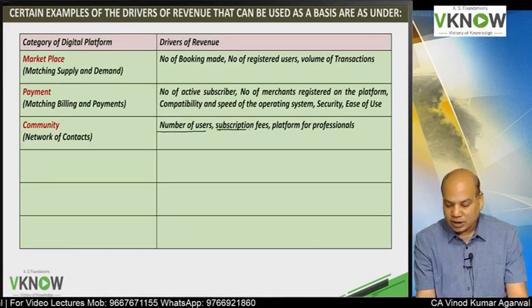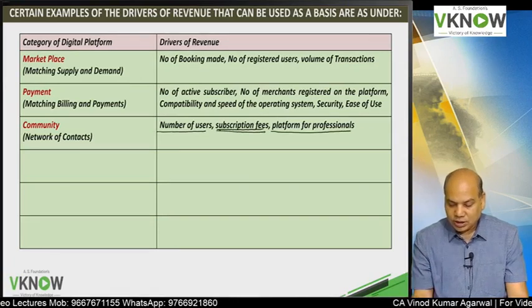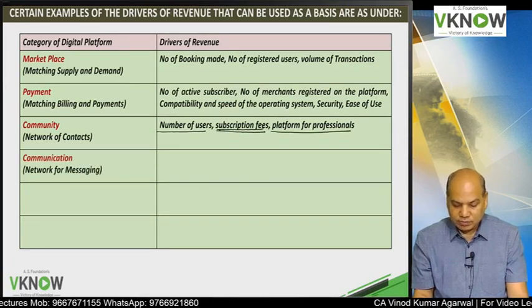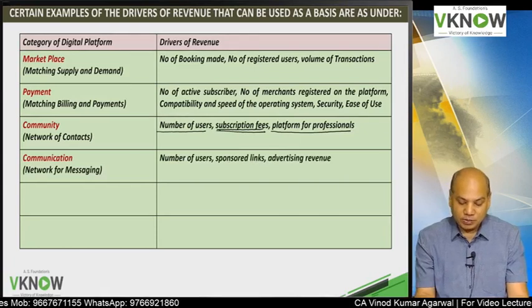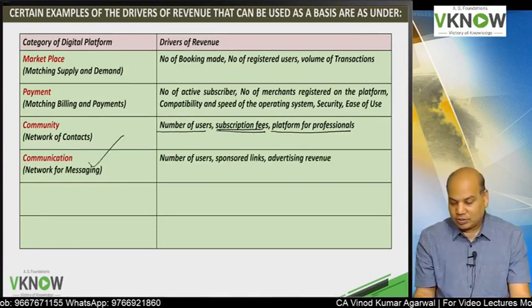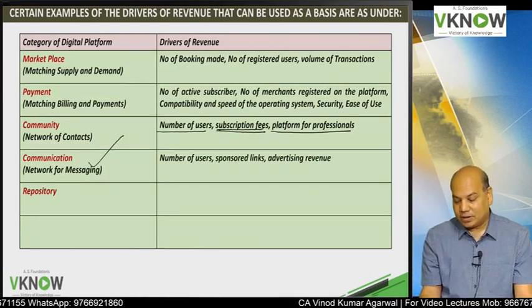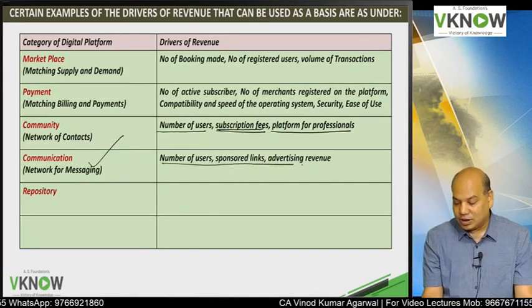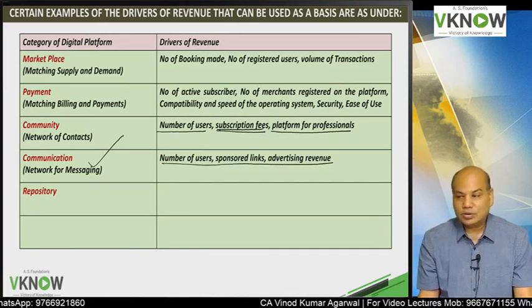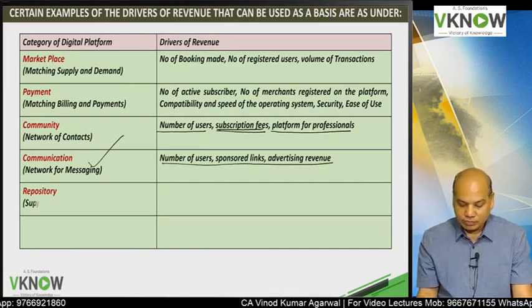Some of them may charge subscription fees also. Then there are platforms for professionals. Then communication, very popular. Some examples are like WhatsApp, where the number of users, sponsored links, and advertisement revenue are the value drivers.